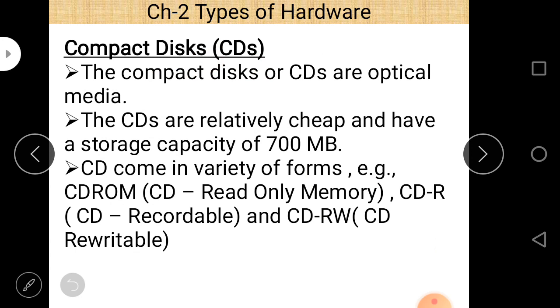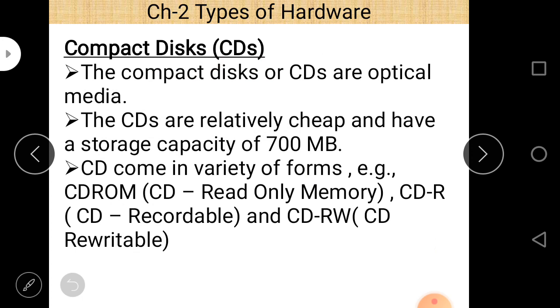Compact discs, the CDs, are optical media. CDs are relatively cheap and have a storage capacity of 700 MB. So in a common CD we can store around 700 MB of data, a file of up to 700 MB in size, very easily.